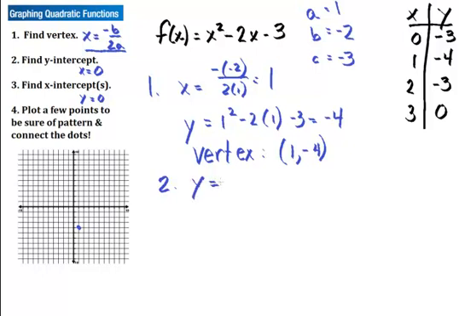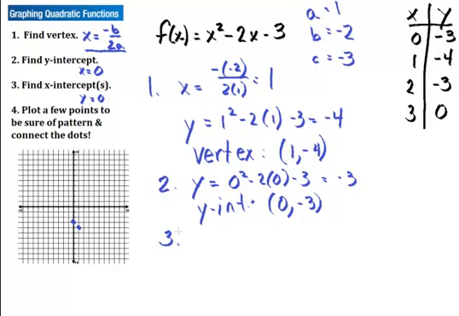Y equals 0 squared minus 2 times 0 minus 3 equals negative 3. The Y-intercept is the point X is 0, Y is negative 3. Let me draw that dot. Ooh. X is 0, Y is negative 3. Chunk.